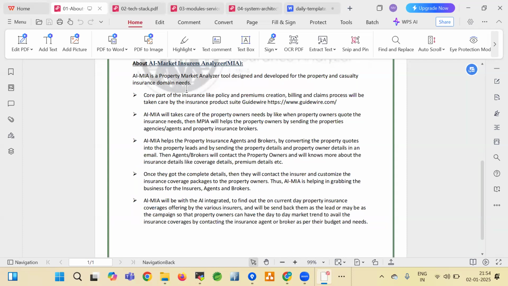We need not do anything there. But the point is, our market insurance analyzer gives a properly verified, properly authenticated insurance quotation to third party systems to convert it into an insurance coverage, right?